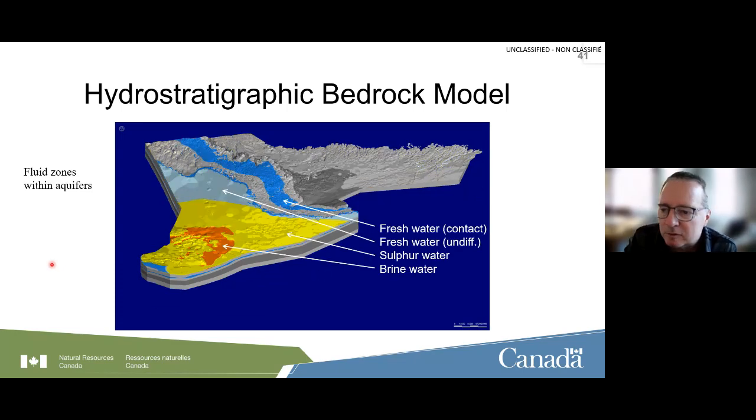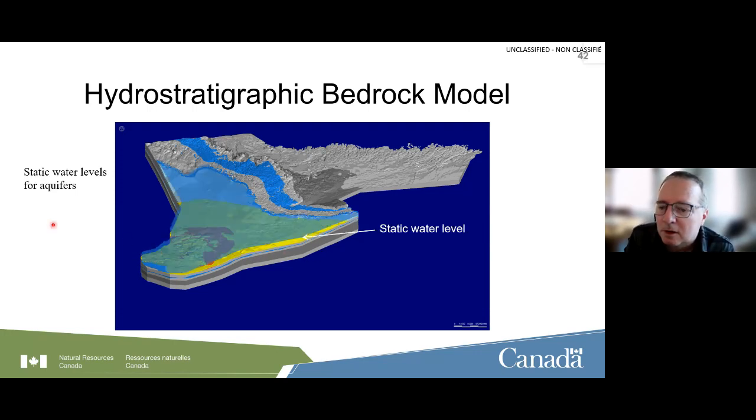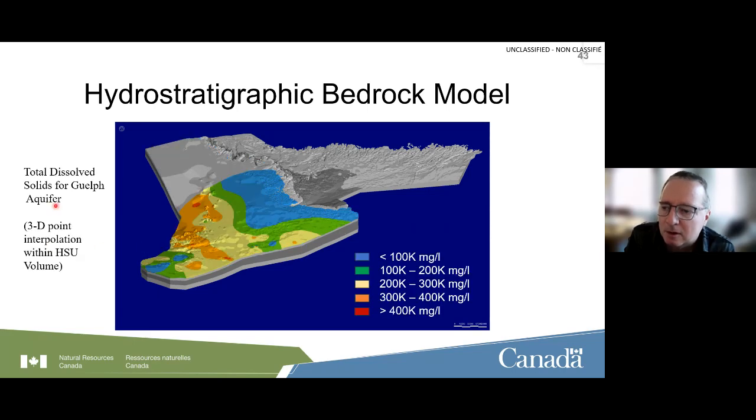We have fluid zones within the aquifer defined by interpolating within the volume. We developed static water levels for the aquifers. And we did a total dissolved solid for the Guelph aquifer by doing another 3D point interpolation within the Guelph HSU.